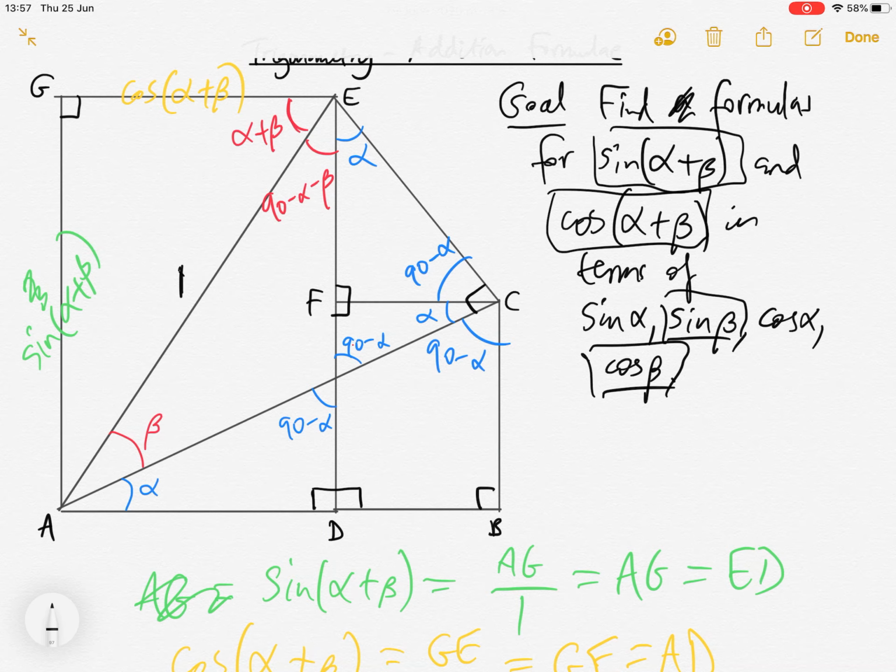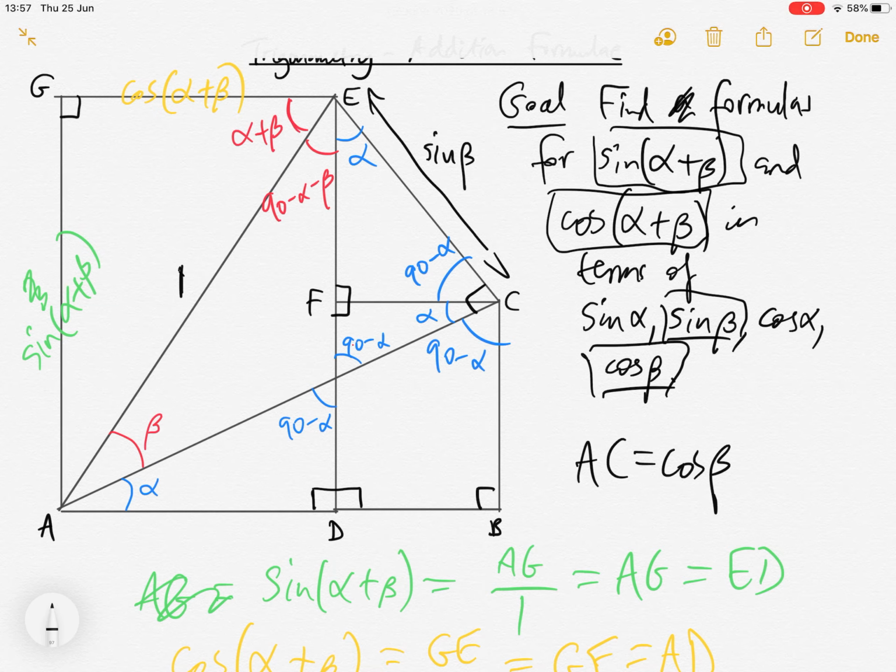So this side EC here is opposite, so it's going to be sine beta. And the side AC is going to be cos beta by the same reasoning. It's a bit hard now to fit everything on the diagram, but AC is cos beta.